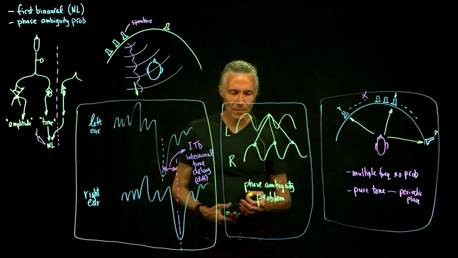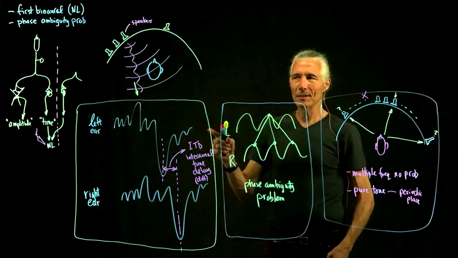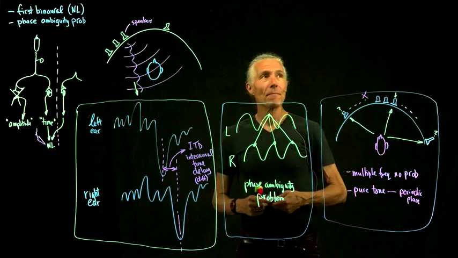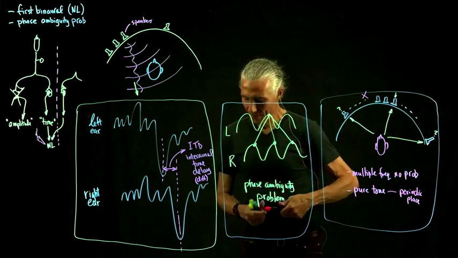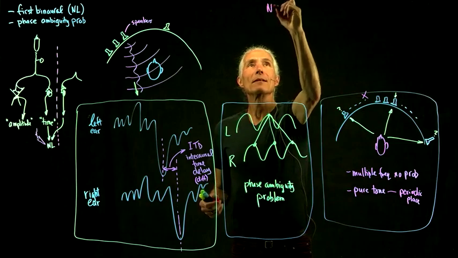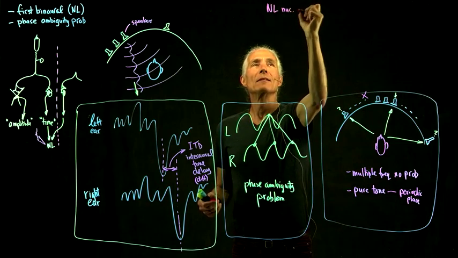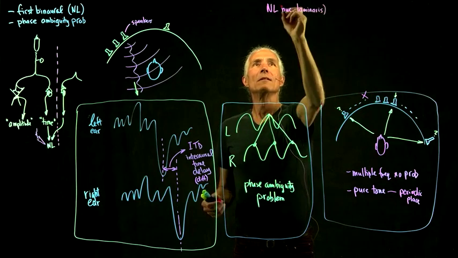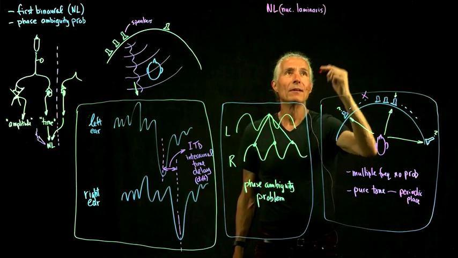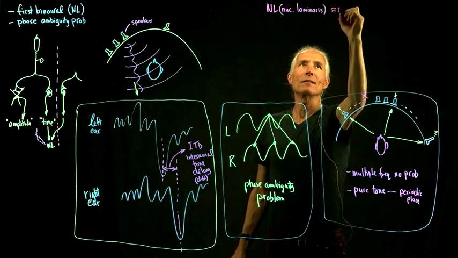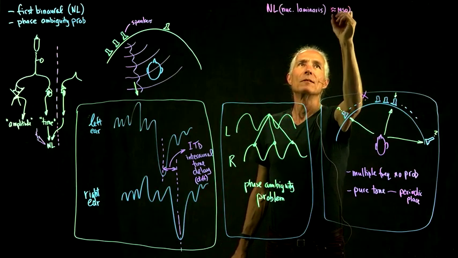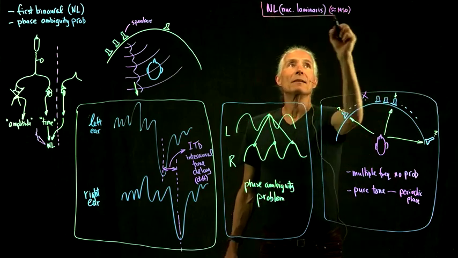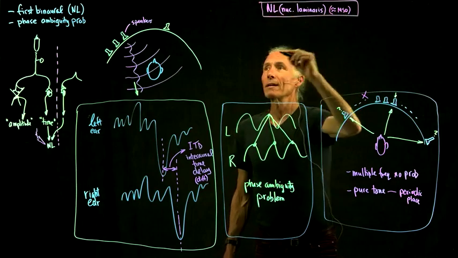If you go into a cell in the nucleus laminaris and just record, which is kind of like the medial superior olive, MSO. This one is binaural.